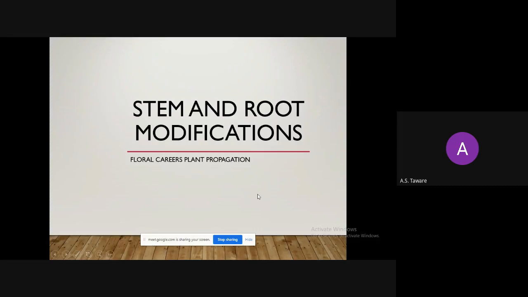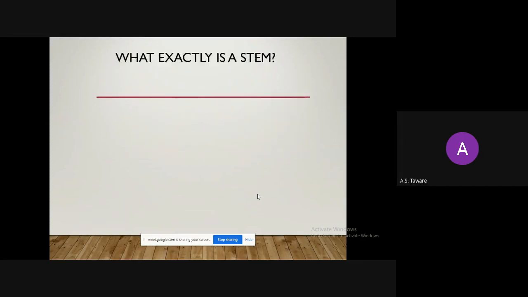So we will discuss stem and root modification. First, we can go for stem modification. We already know what the function of stem is.